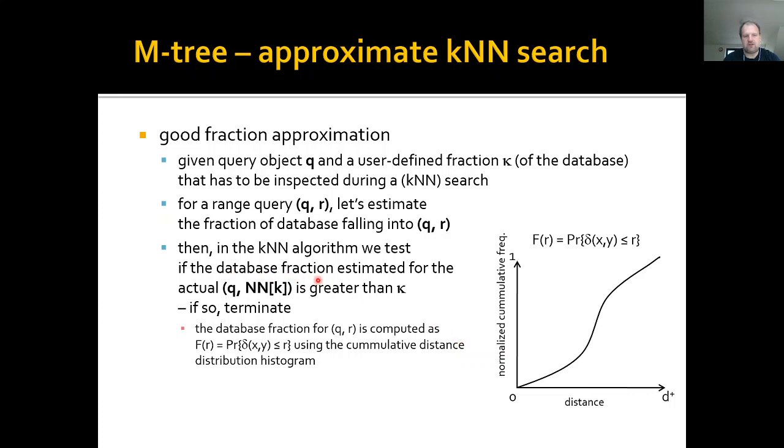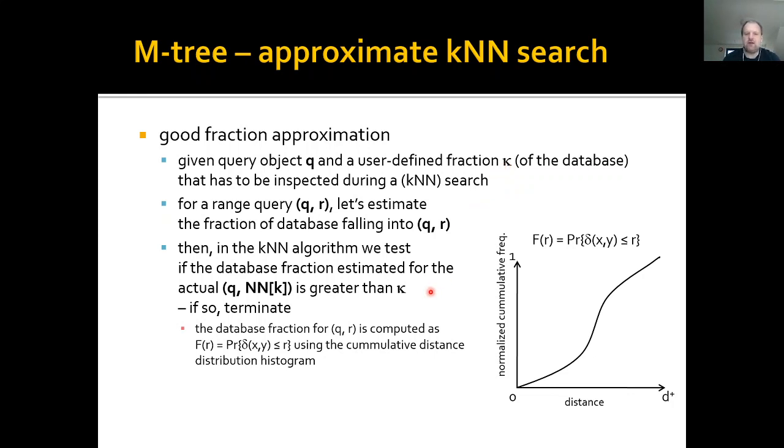So the database fraction is estimated, and if the estimated database fraction exceeds some user-defined kappa, which is basically what we allow to search... For example, we say we allow this query to search, I don't know, at most 10% of the database.